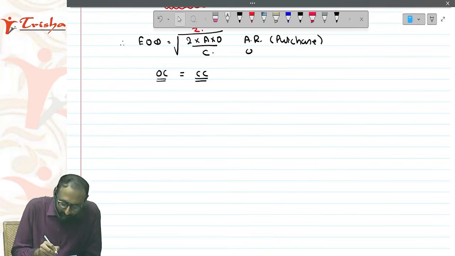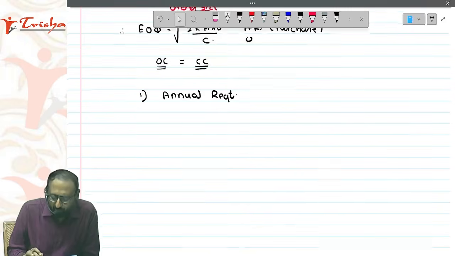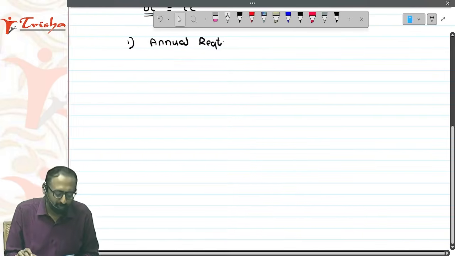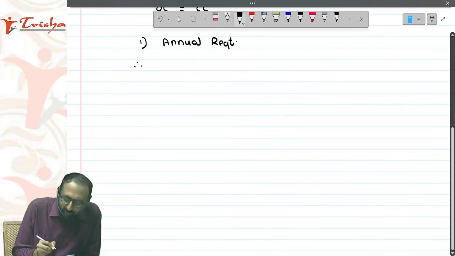Very important. First important point. What are the permutations and combinations that can be asked about the annual requirement? Full concentration here. It is given in the question.